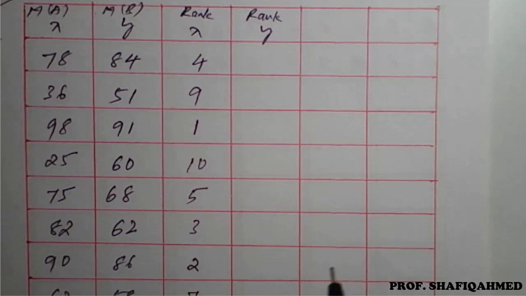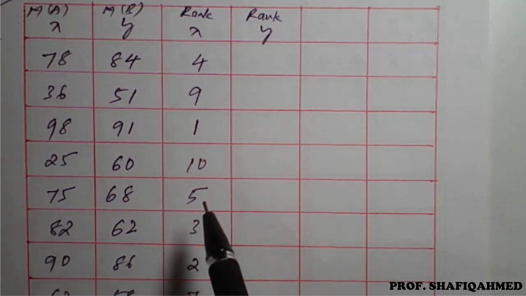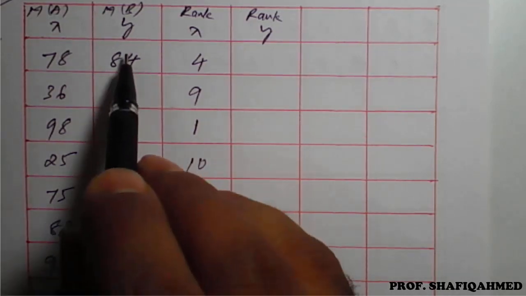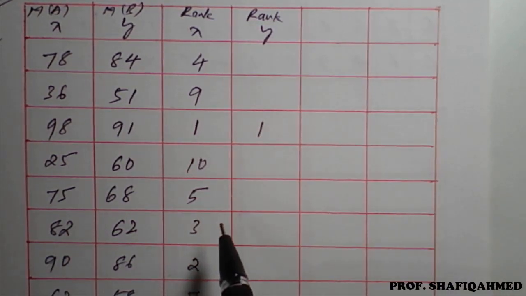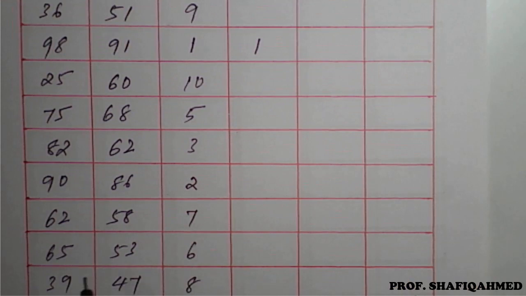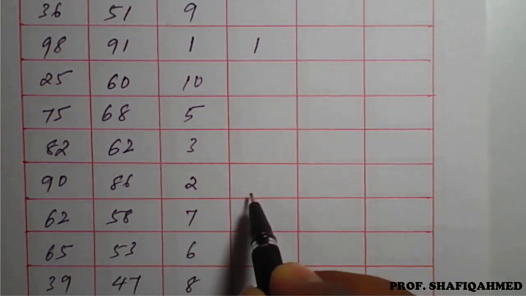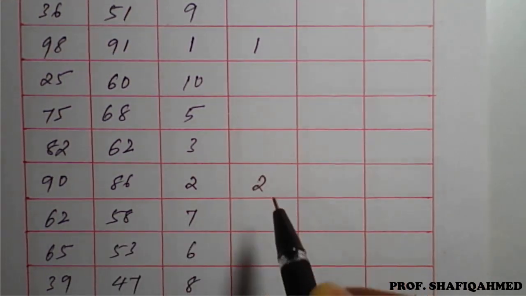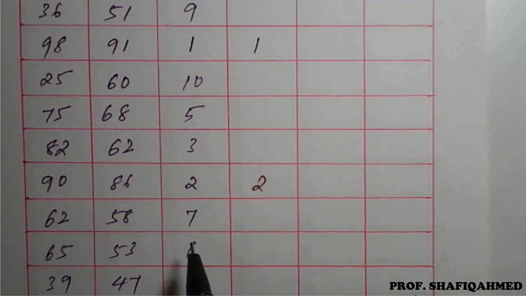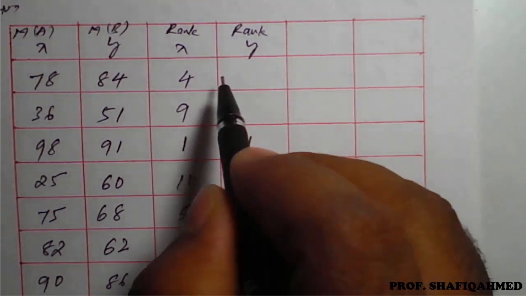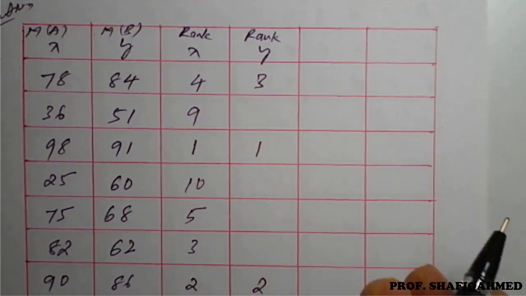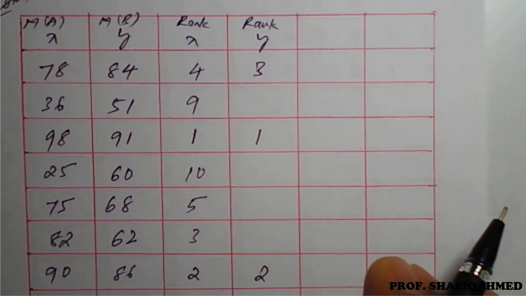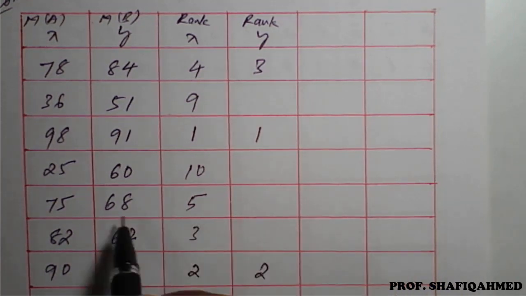Similarly, we have to calculate the rank for Y. In this, 91 in Y is rank number 1. Next, rank number 2 is 86 marks in B. Next, rank number 3 will be the first value of Y, that is 84. Next, rank number 4 is 68 marks.